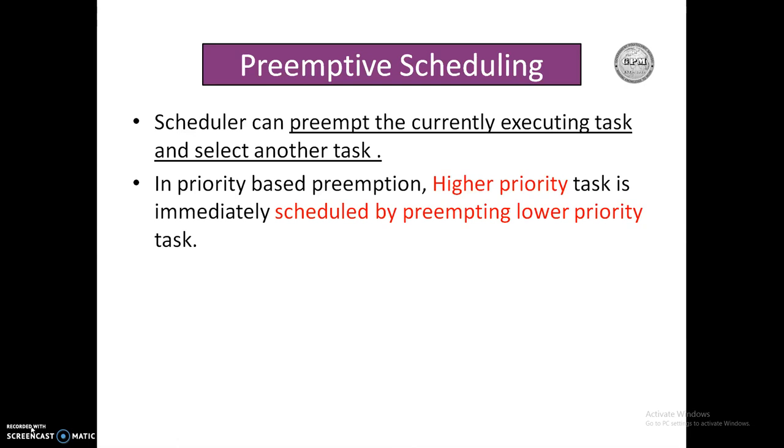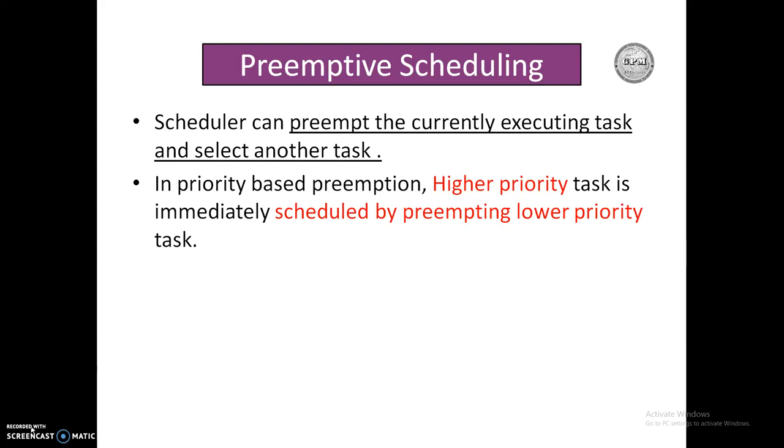It means the priorities of the tasks are taken into consideration in the priority-based preemptive model. The lower priority task is suspended there itself and CPU control is given to the higher priority task.